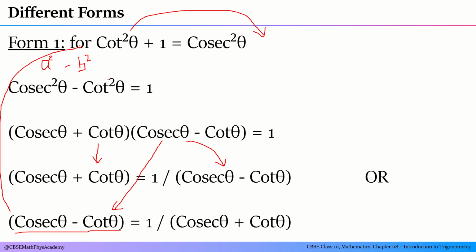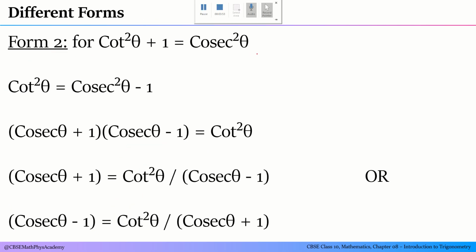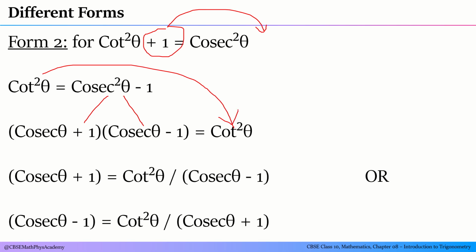Going to the second form, I'm just going to push this minus 1 to the other side. So cot square theta is equal to cosec square theta minus 1, and I'm going to decompose this a square minus b square form into a plus b into a minus b. So cosec square theta minus 1 becomes cosec theta plus 1 into cosec theta minus 1, which is equal to cot square theta.